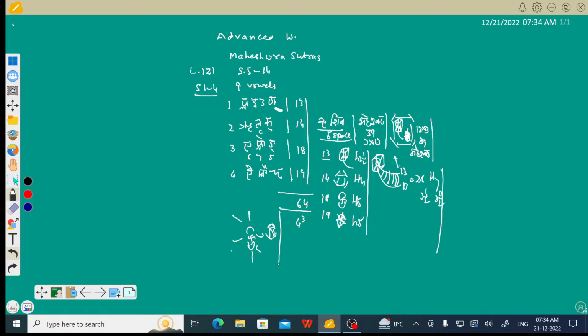Now, Sutras 5 to 14. These 10 sutras are coordinating consonants, vyanjans. You know, consonants are 33 in number and vowels are 9.